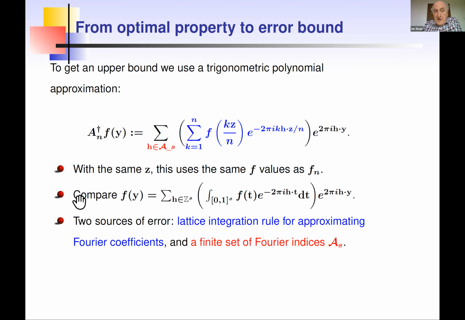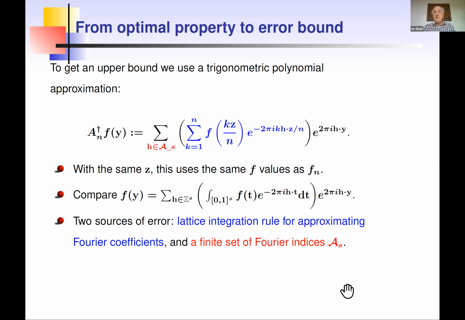So this is, if you look at the second dot point, f_y is the Fourier series representation of f. The algorithm approximates this in two ways. It doesn't sum over an infinite number of h's, just a specified finite set, a well-chosen finite set, and replaces the integral by a lattice rule, a lattice integration, a lattice approximation.